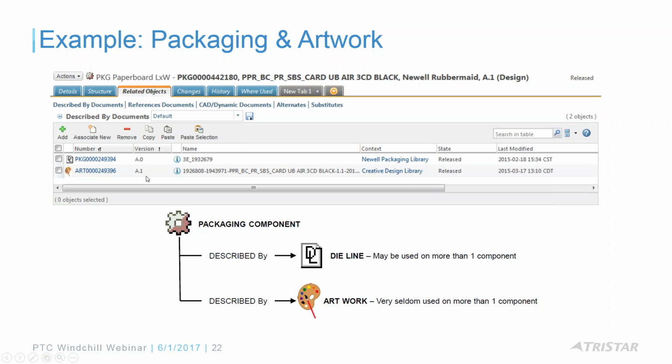It may be described by things like packaging documents, or some artwork files that may be coming from other applications, Adobe, CorelDRAW, what have you. So those could then also be linked to my bill of material as a reusable item or a design item directly within Windchill.